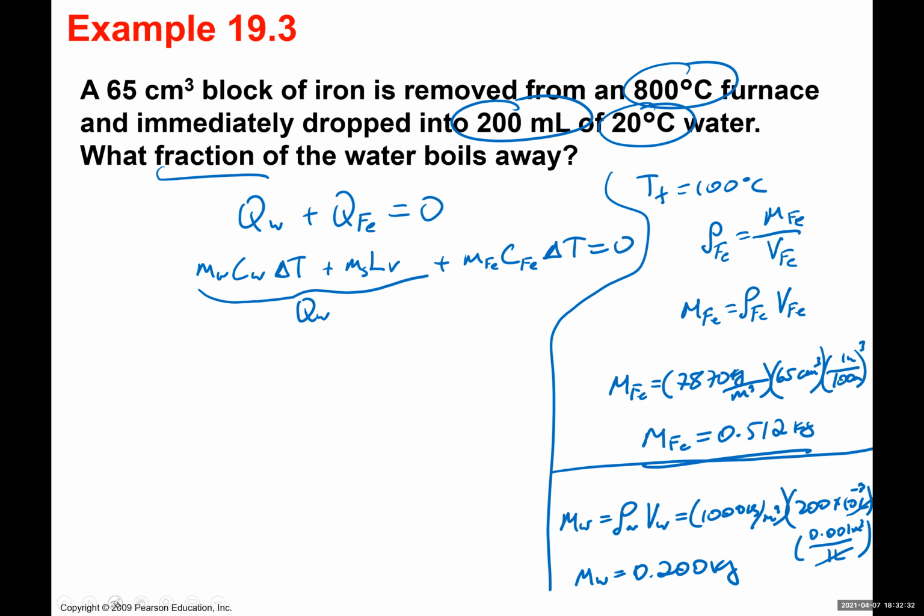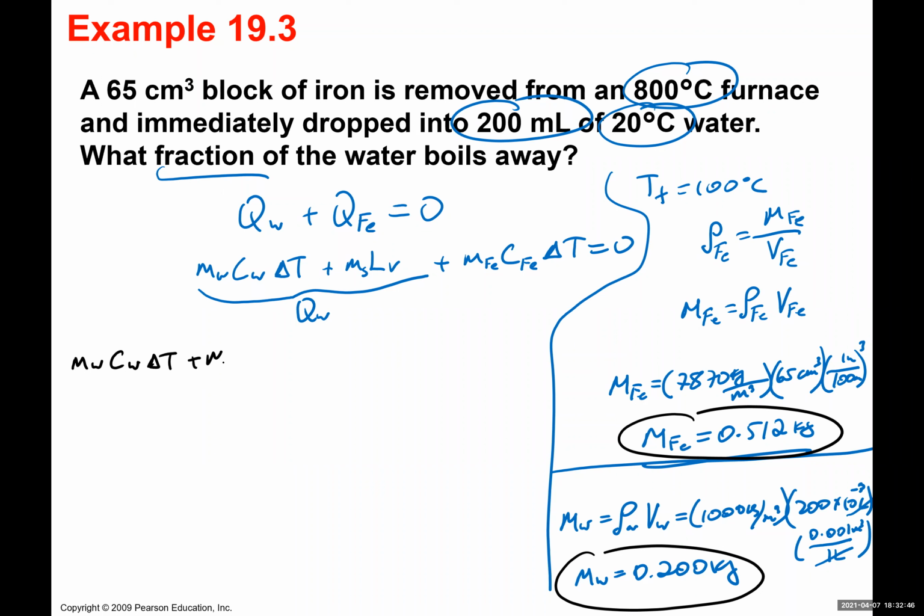That means now that I have mass of water and mass of the iron, those quantities can be used, because here I have mass of water times specific heat of water times delta T plus mass of the steam times L_V plus mass of the iron times specific heat of iron times delta T equals 0. And then just solve for this guy, remember.